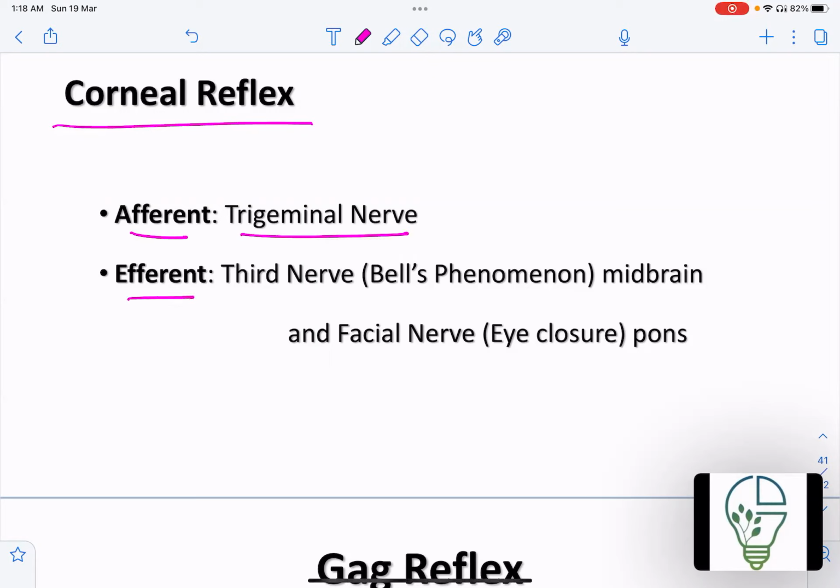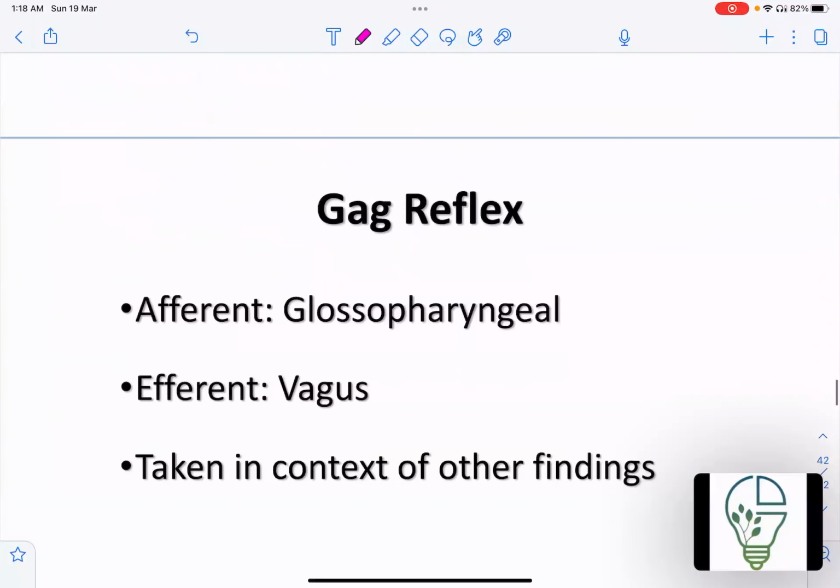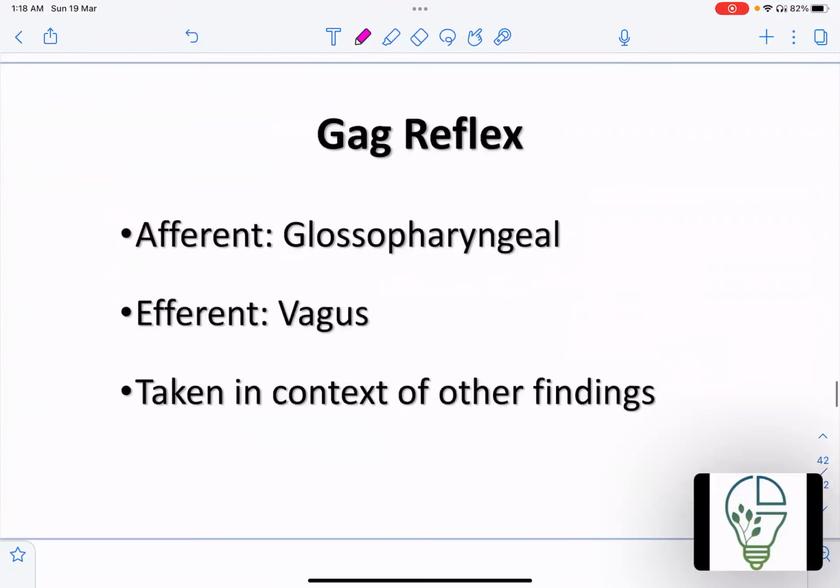The efferent, which basically asks the eye to move away from that stimulus or to blink, is the facial nerve. And that causes you to blink. For example, even when dust or something affects our eyes, we immediately blink, right? It's a response. Okay, so this is the corneal reflex. This is also lost in a comatose patient.